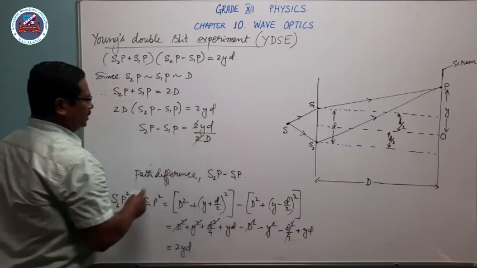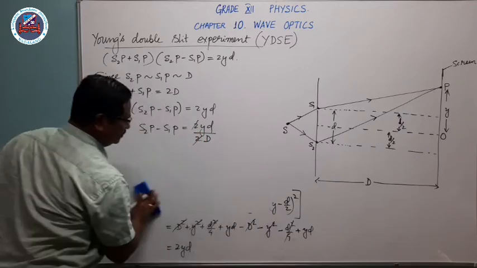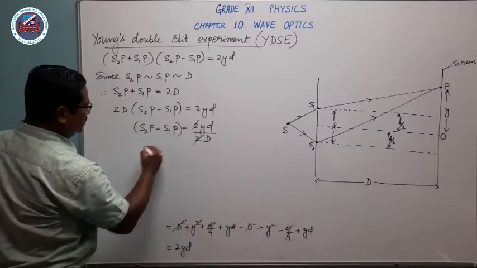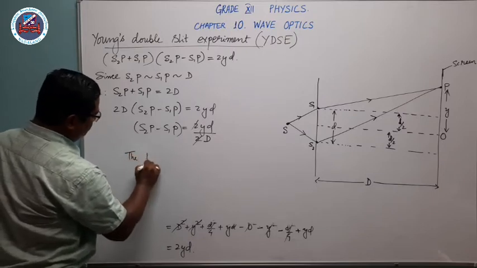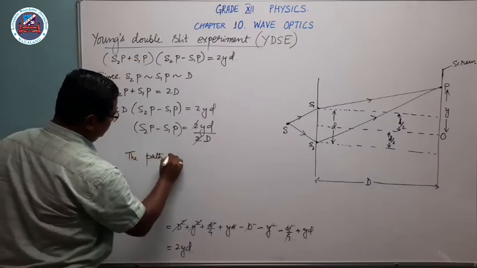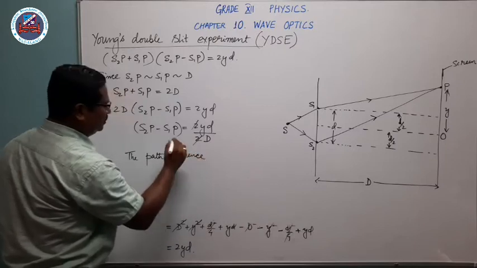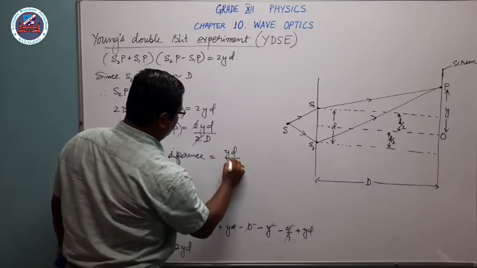So this 2, if you cancel it, then you get the path difference, delta x also you can write. The path difference between the two interfering waves is YD by D.